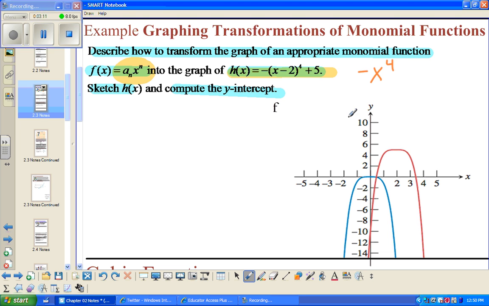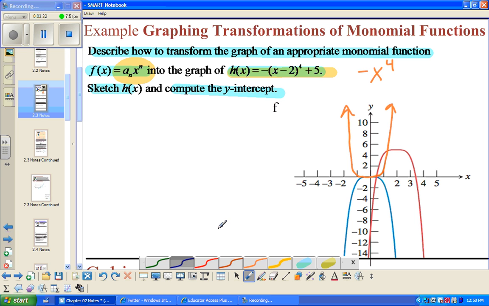Well, without much work, you know x to the fourth would be a kind of a flattened out x squared. And then the opposite of that, well, this negative value here, that just reflects in the x-axis to bring us to this blue graph. And hopefully without too much work, you would remember if you subtract 2, that's going to shift it to the right 2, since it's in with the x.